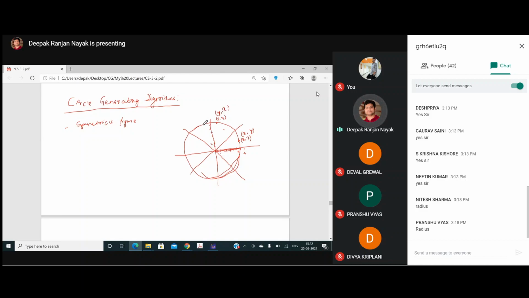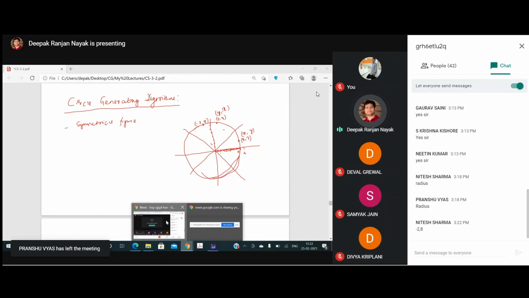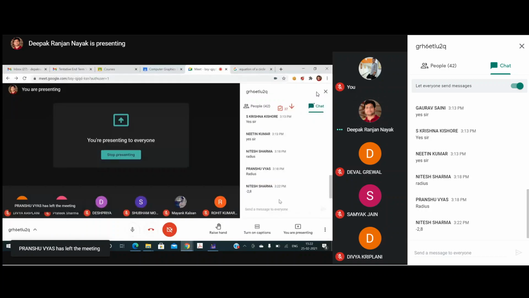So what will be this point? Anybody can guess what this point will be? It is, let's say, -2 and 8. So how can I express it in terms of x and y?